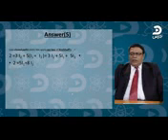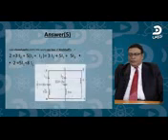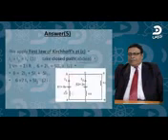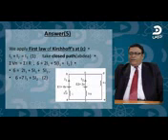So 2 equals 5I1 plus 8I2. But we apply the first law of Kirchhoff at point C. At point C, the summation of current equals 0. So I1 plus I2 equals I3.